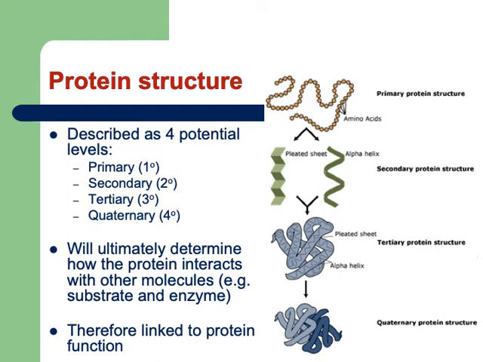So these are the four main structures of a protein, and they increase in complexity as we go from primary to quaternary. The structure will ultimately determine how the protein interacts with other molecules, specifically substrates and enzymes. The protein structure is also very much linked to the protein function.